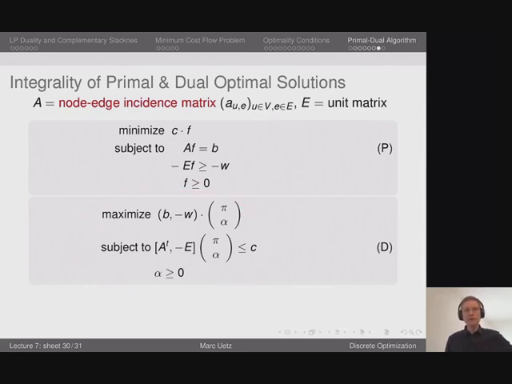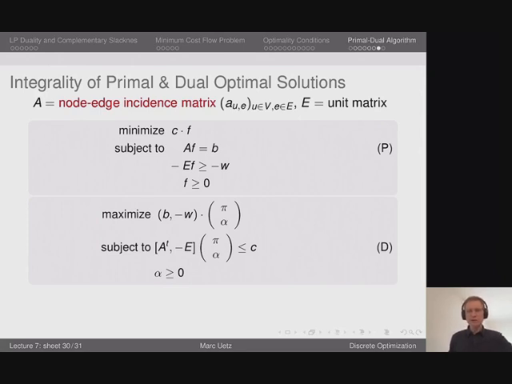And what we have shown by this primal dual algorithm, is that we actually computed an optimal solution to the primal and to the dual. And this optimum solution will only have integer values, okay, so integer variables.